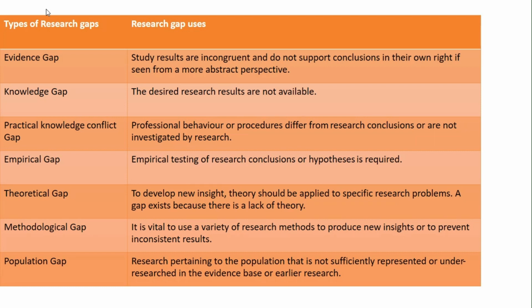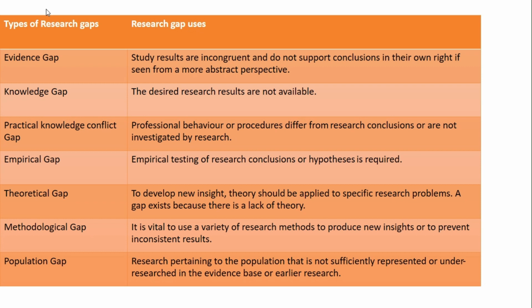The knowledge gap is used when the desired research results are not available. The practical knowledge conflict gap is used when professional behavior or procedures differ from research conclusions or are not investigated by research. The empirical gap is used when empirical testing of research conclusions or hypotheses is required.